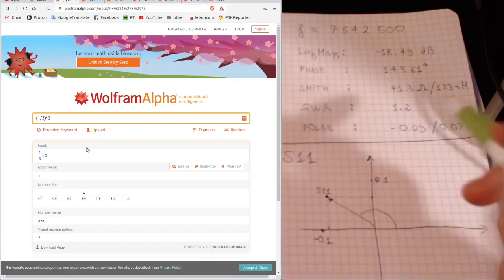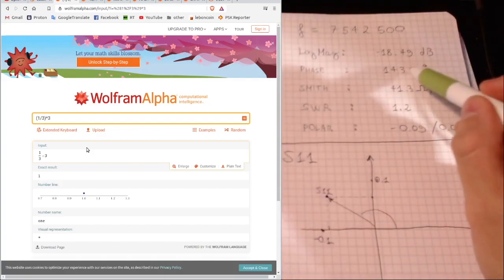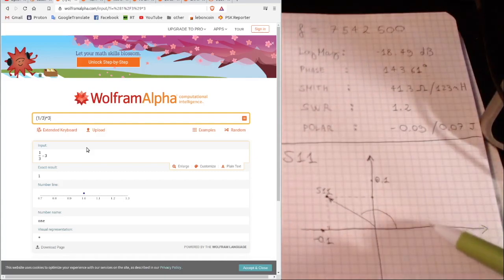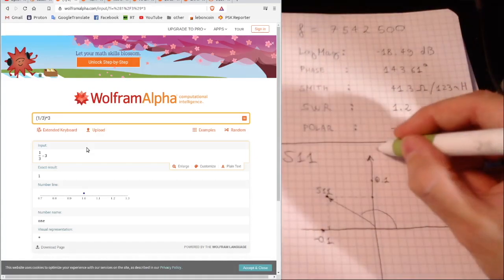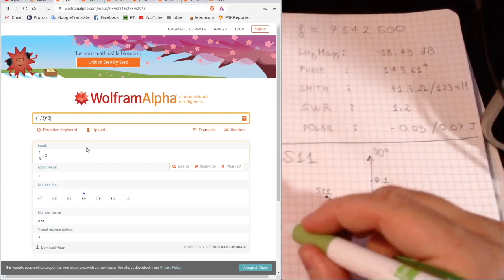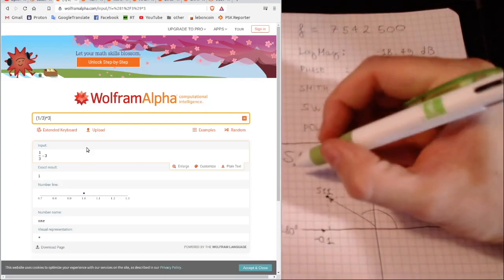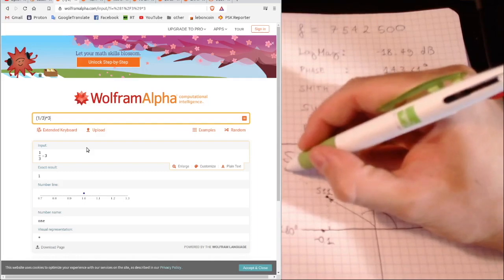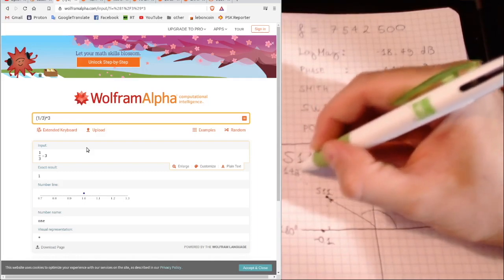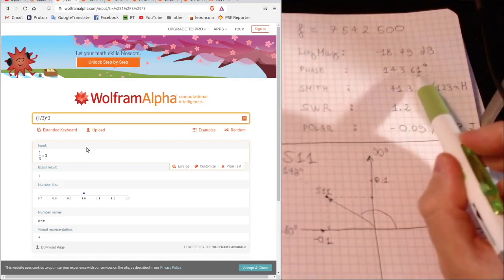Now this angle is this phase here. As you can see, it is 140 degrees, which is more or less correct. So this is of course 90 degrees. This is 180 degrees, and so this is something in the middle, 143. Of course, I depicted things very roughly here, but here we have our 143 degrees, which is this value here.